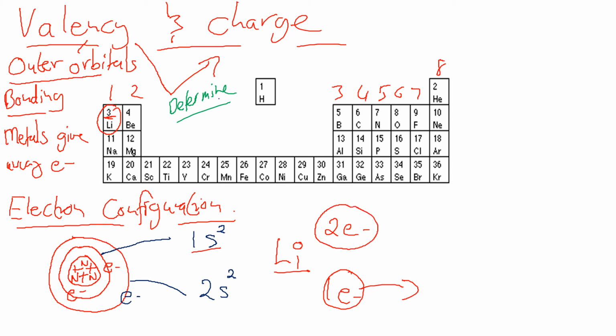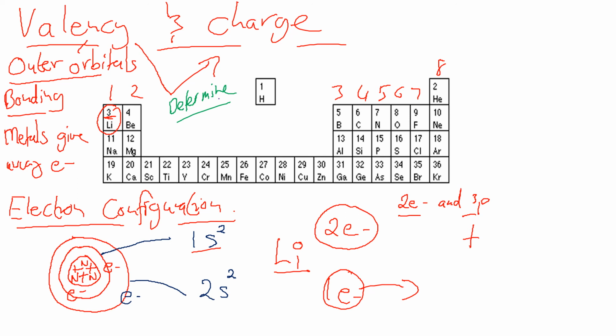And in our lithium atom now, our electrons and our protons are not balanced. So we have a total of 2 electrons and 3 protons. So our overall charge is going to be positive.